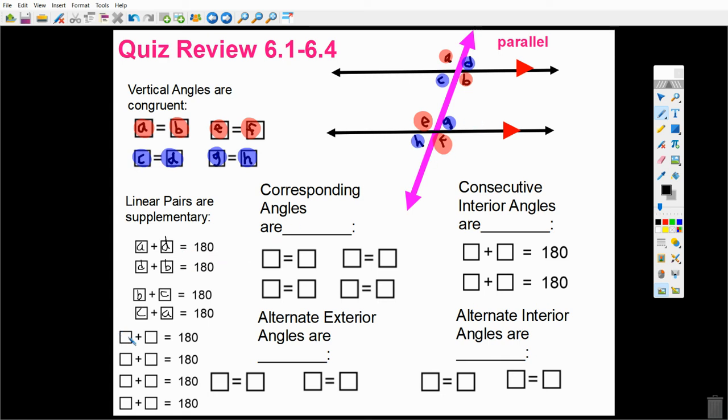In the bottom, E plus G add up to 180. G plus F adds up to 180. F plus H adds up to 180. And H plus E adds up to 180.